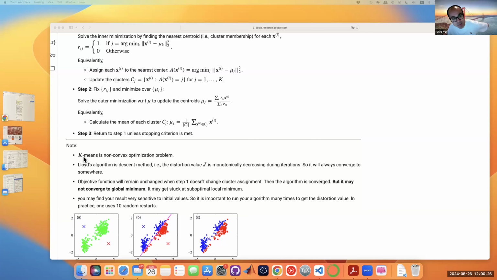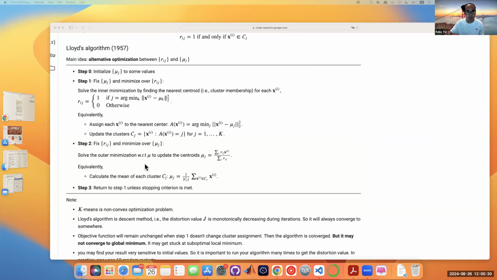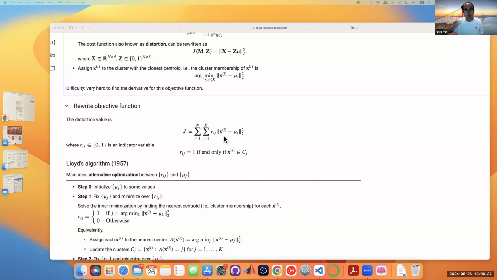The key here is that K-means is a non-convex optimization problem, because this objective function is usually non-convex with respect to mu j and Rij. You see something like an indicator function, so you have some idea this is very likely to be non-convex.